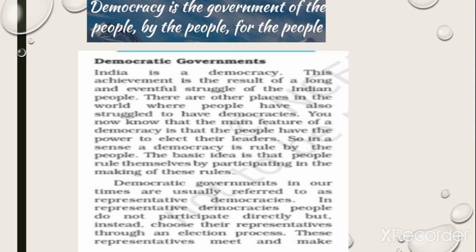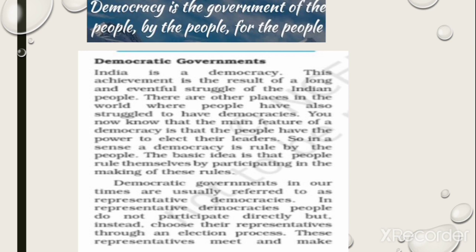Democracy is the form of government of the people, by the people, and for the people. Do you know the main feature of democracy? It is that the people have the power to elect their leaders.